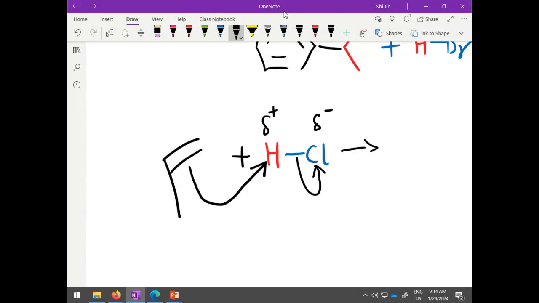So this gives you this carbocation and the chloride.